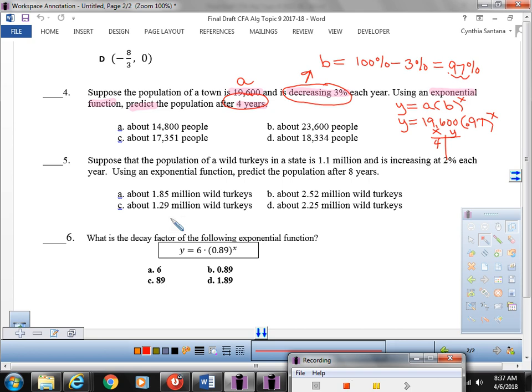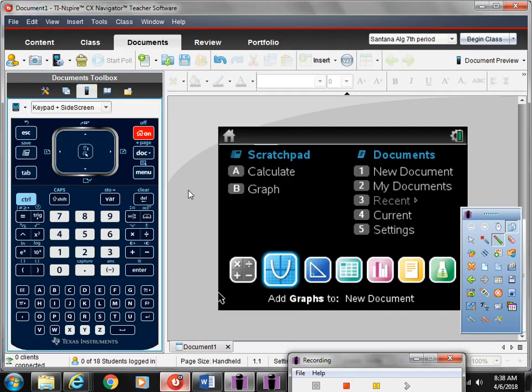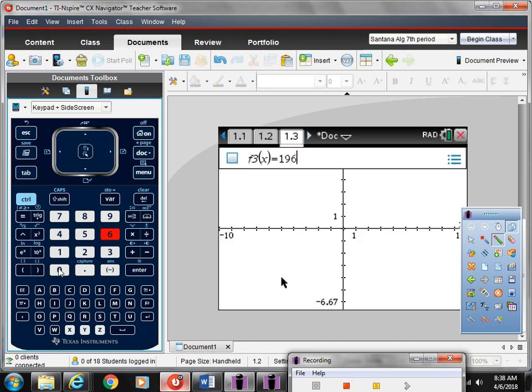So those of you who got it right, which answer was it? C. 17,351. Okay, that was the closest one. I don't think they rounded right on that one. I'm just curious, because I know that somebody had shown me this, and they asked, did they round wrong?